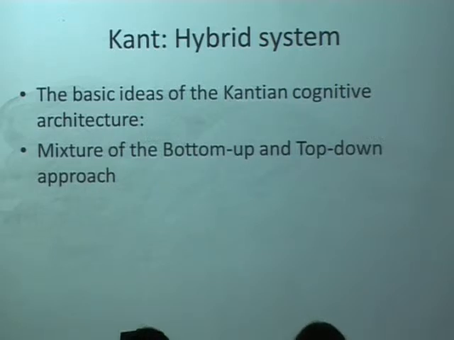Maybe some of you know that Kant has a theory of categories. For example, causality is one form of category. That category would help you to correlate one event as cause with another event as effect. And substance is another category.